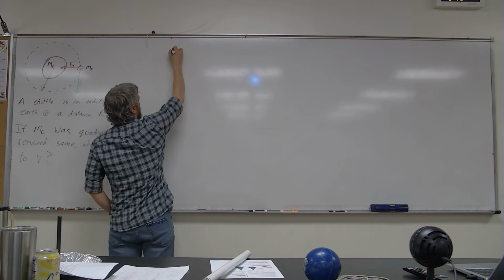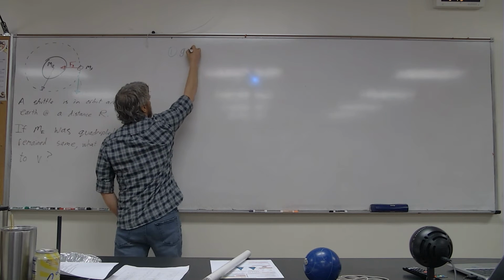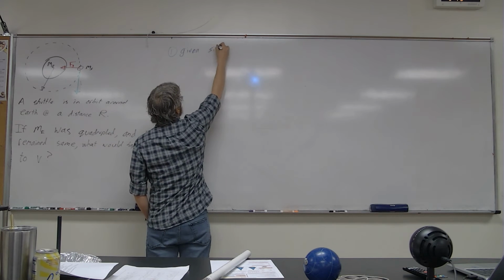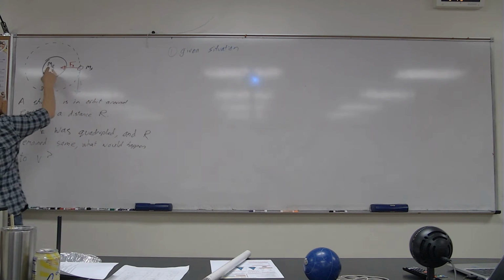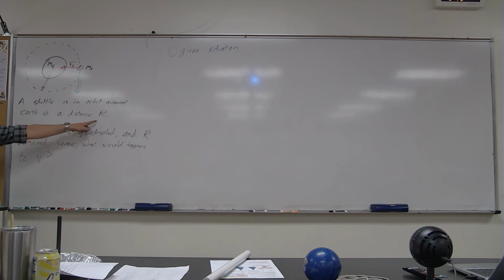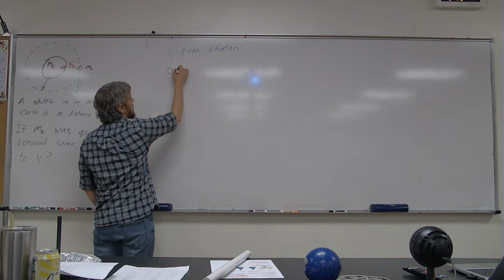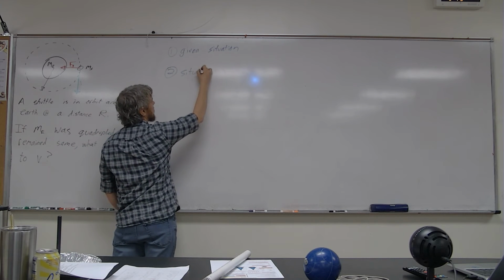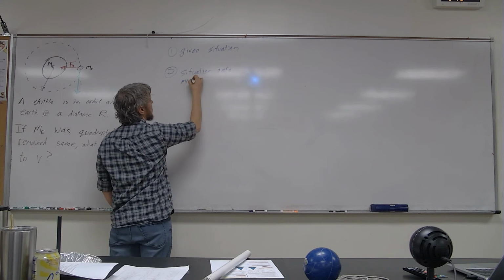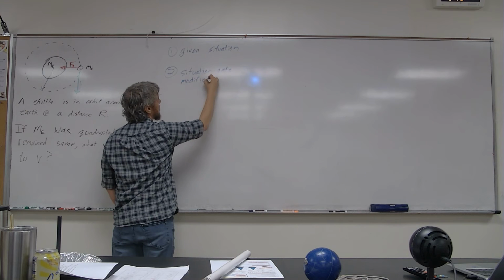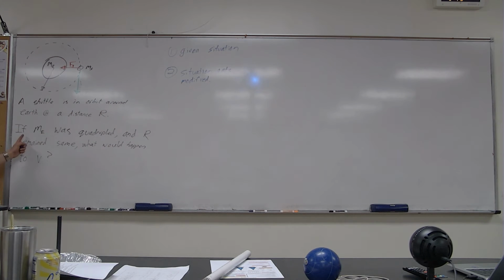The problem starts with a given situation. I've got a mass m_s in orbit around a mass m_e at an orbital distance r. And then the situation gets modified. In this particular problem, the modification is that the mass of the Earth is quadrupled.